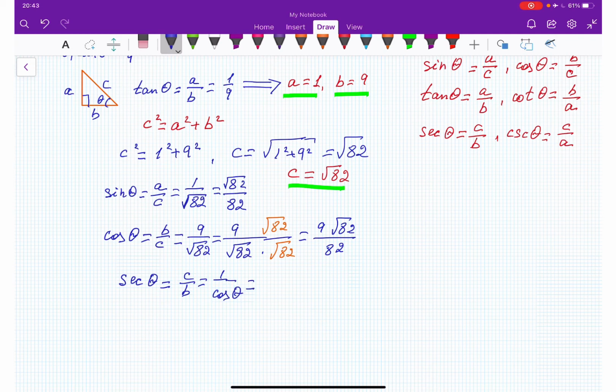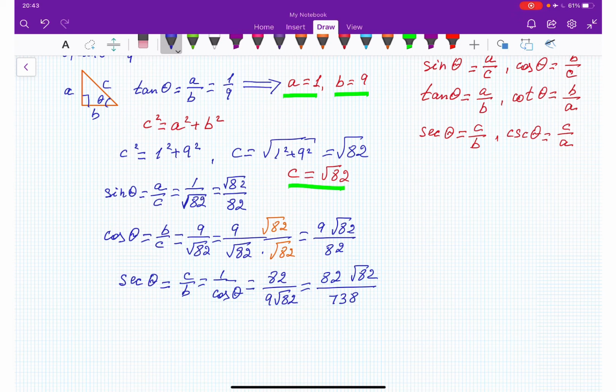Which is going to be the square root of 82 over 9 square root of 82. So this is equal to 82 square root of 82 over 738.